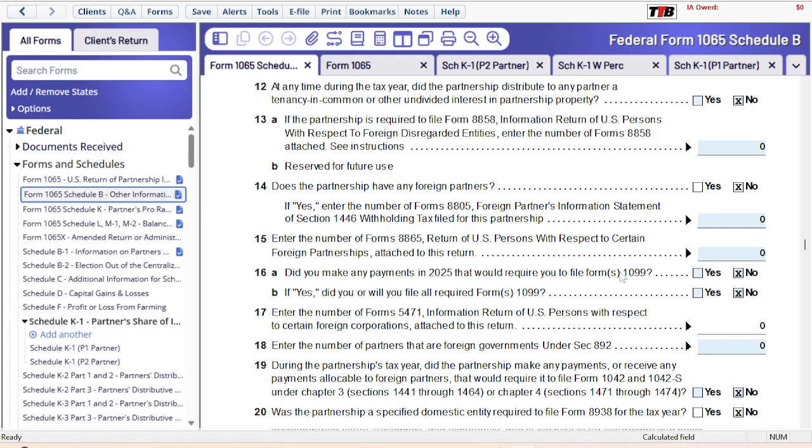Otherwise, no. Remember, 1099 is required if you pay $600 or more to a lawyer or to a contractor. If yes, did you or will you file 1099 on time? We can just say yes for this one here, no for the first one, yes for this one.